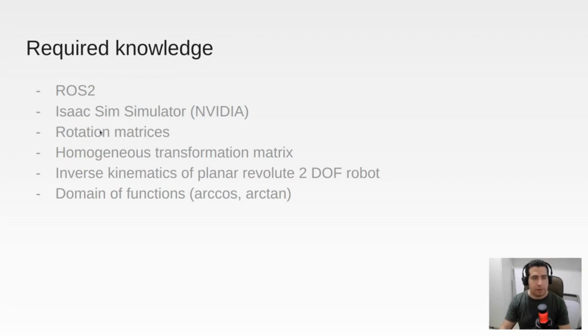And also you need to install Isaac Sim from NVIDIA and understand some basic concepts about rotation matrices and homogeneous transformation matrices. Also the inverse kinematics of a planar robot and some basic math concepts that I'm gonna discuss in the next few slides.